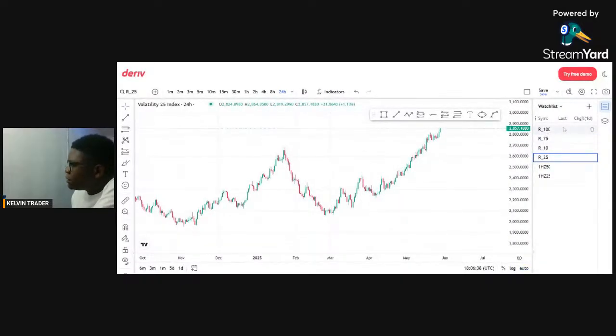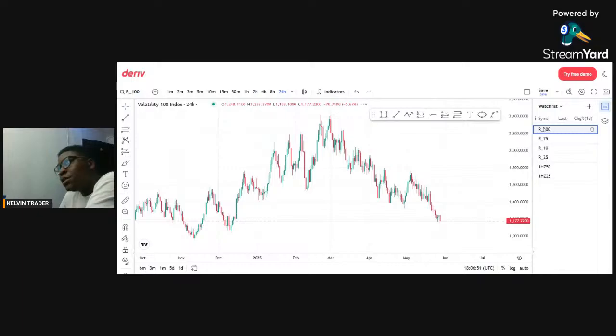So I'll be looking at my watch list here: VIX 100, VIX 75, VIX 10, and VIX 25. These are the pairs I trade mainly. So let's start from VIX 100. Meanwhile, if you have any pair, I will analyze it.